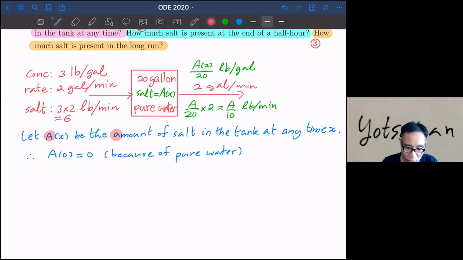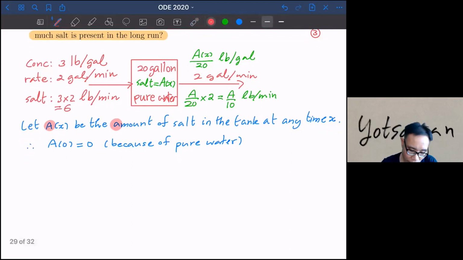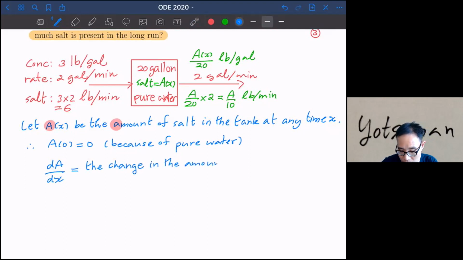So the setup that we're going to use is dA/dx, which is the change in the amount of salt at any time x.